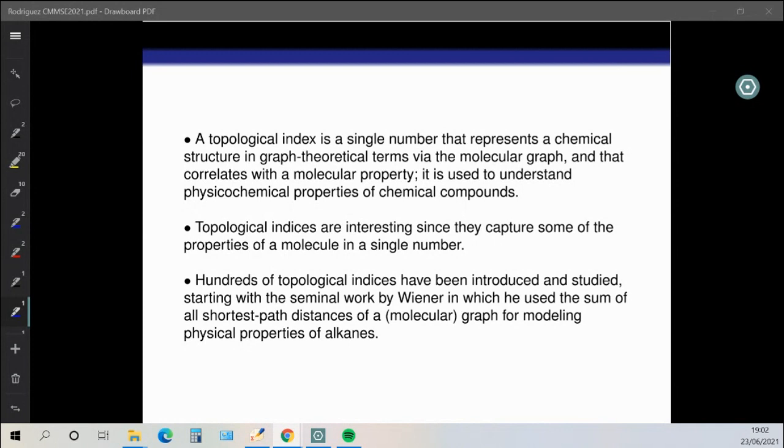These indices are interesting since they capture some of the properties of a molecule in a single number. Of course, there are hundreds of topological indices since the seminal work of Wiener.